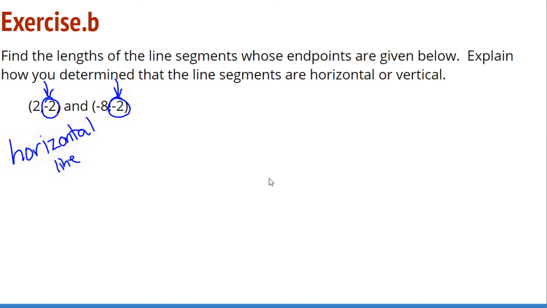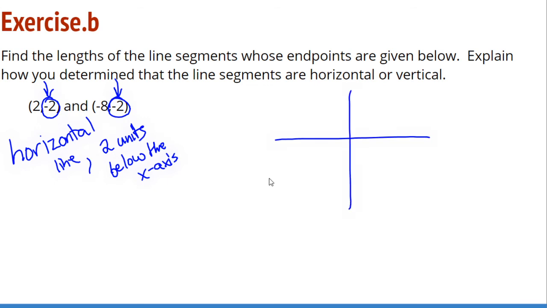Not only is it a horizontal line, it is 2 units below the x-axis. So not only do I have a horizontal line, I know exactly where that horizontal line is. It's 2 units below where the x-axis is.